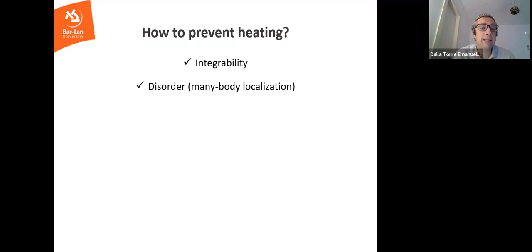Another way to do that is to use disorder. With disorder, you can localize the system. And again, a localized system you can think of as an emergent integrability. So again, you have localized particles that are like small subsystems that do not talk to each other. That's basically the idea of localization.